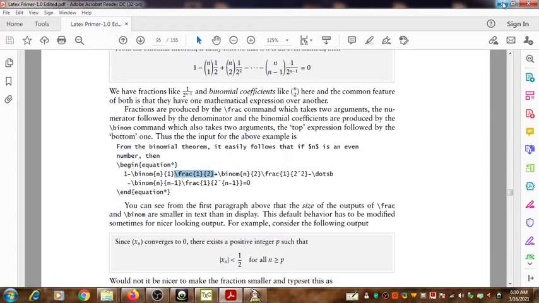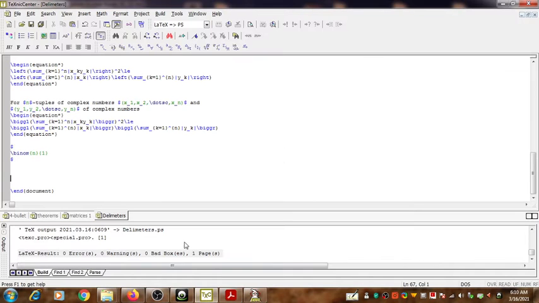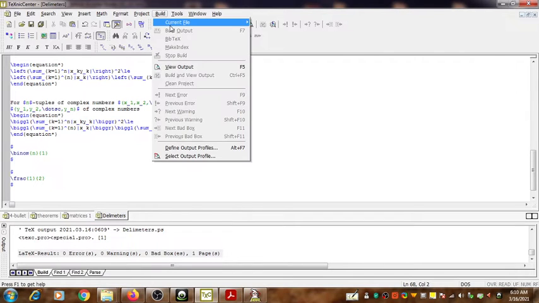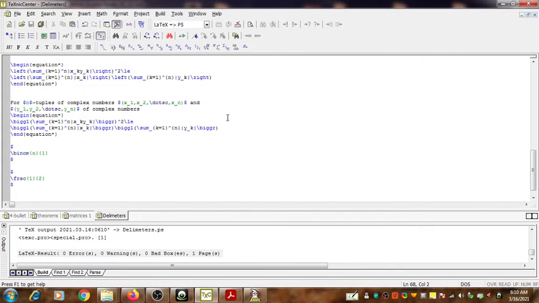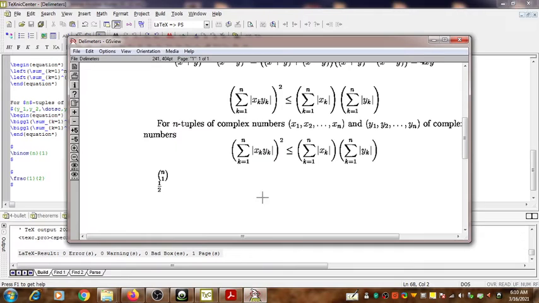Separately we can see the effect of the command by typing it here and including it in a mathematical environment. Then I will take the output. See, 1 by 2, 1 over 2 is appearing here.